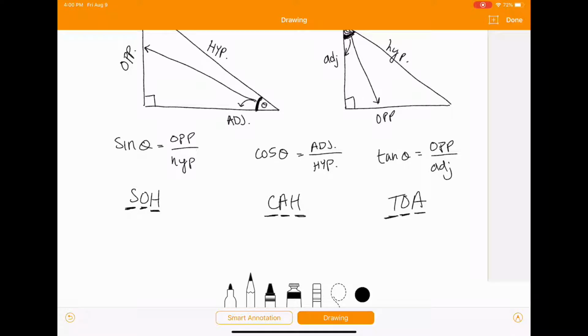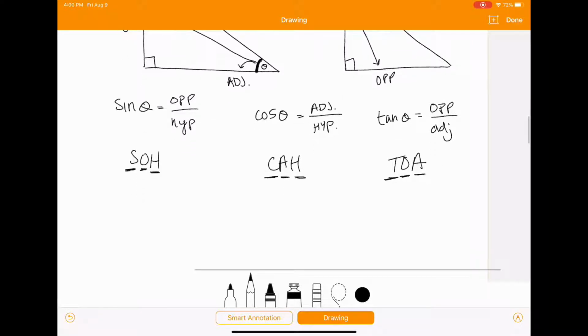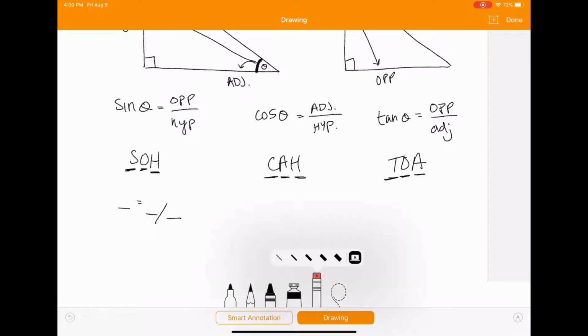So for each of these little acronyms, it's going to be like some letter equals a different letter over that other letter, just like that. So again, until you have it memorized, that's the best way to remember which sides go with what trig function. Again, it's SOHCAHTOA.